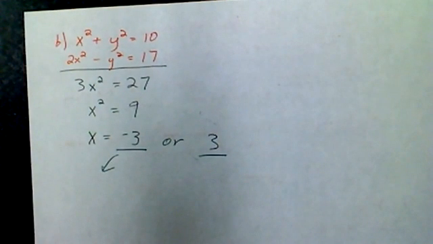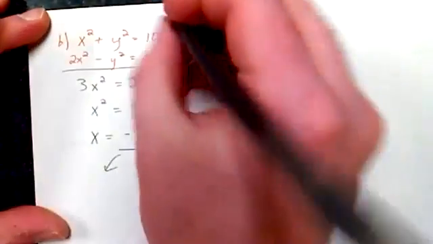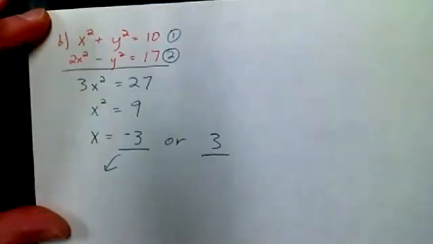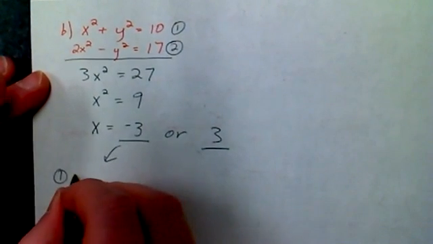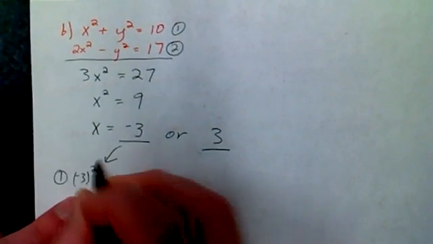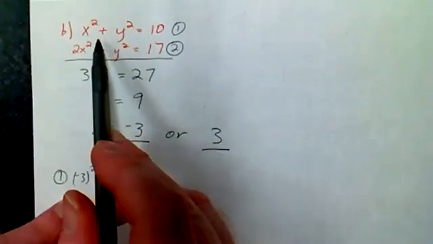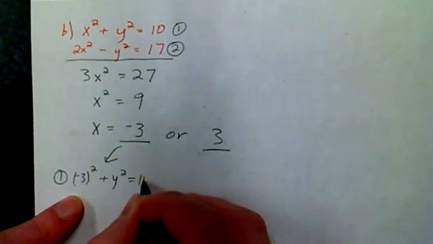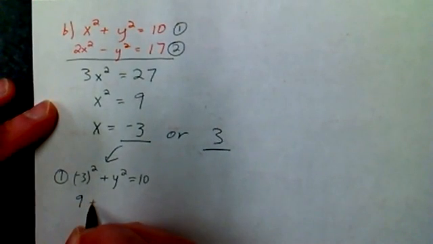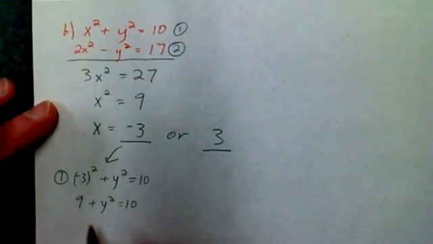I'll go ahead and use the first equation, okay? So if I use the first equation, I have negative 3 squared. Remember, that's just the x I just found. I'm just plugging it into the first equation. Plus y squared is equal to 10, meaning 9 plus y squared equals 10.